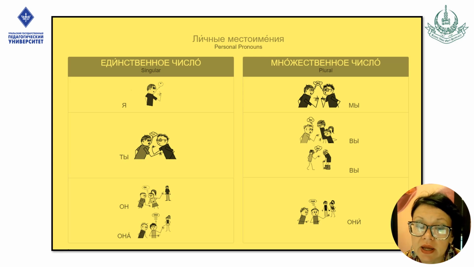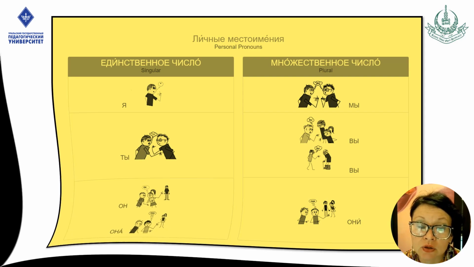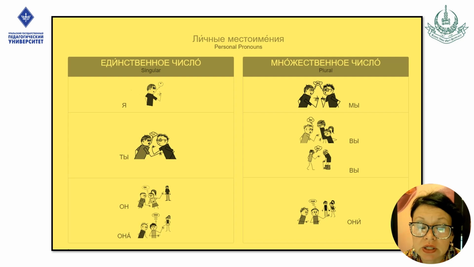Вы студенты, right? And вы is also a very polite way to address people who are senior. You may address a person who is older, or your boss, or your teacher, or simply an unknown person. This is the rule to address unknown persons in Russian with the вы pronoun.